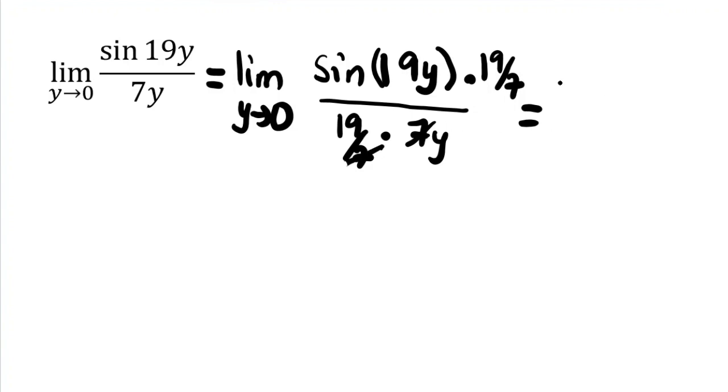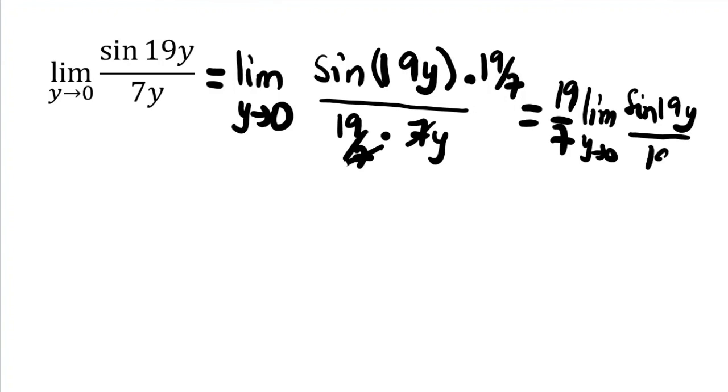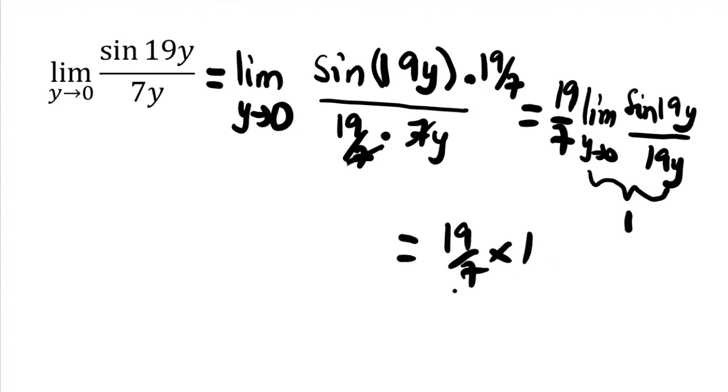Then you have 19 over 7, the numerator that is left, times the limit as y approaches 0 of sine 19y over 19y now. And this whole thing will just be 1. So at the end of the day, we have 19 over 7 times 1, so the answer is 19 over 7.